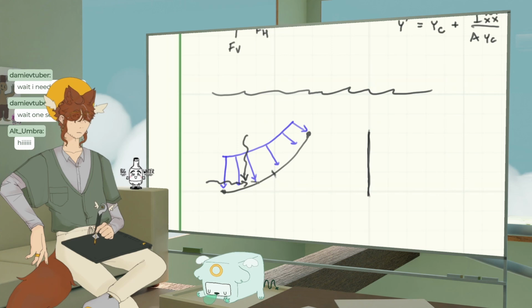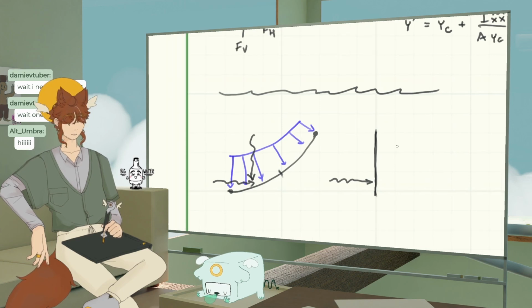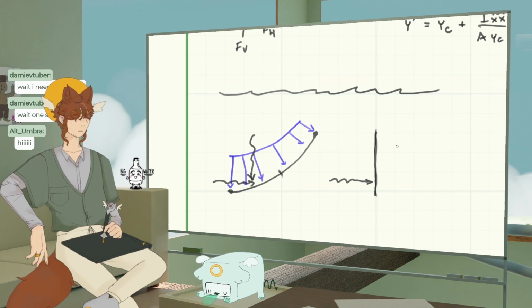And because we can move forces along their line of action, this force is going to be the same here. And so in problems like this, for most of the common shapes that you would be asked to solve for, you can use the centroid of this shape to calculate our force over here.